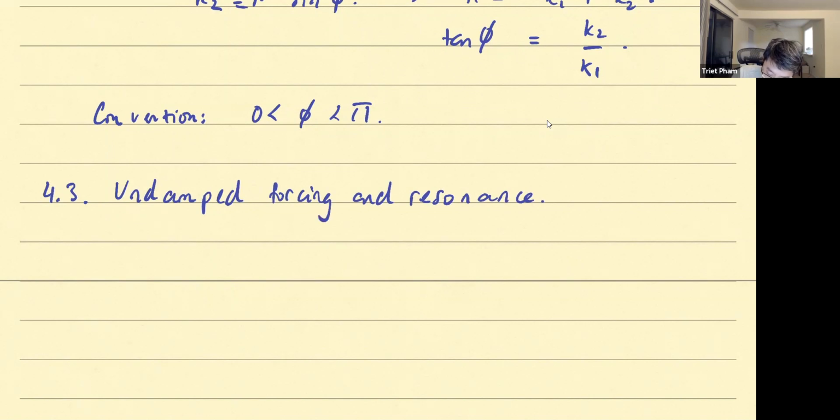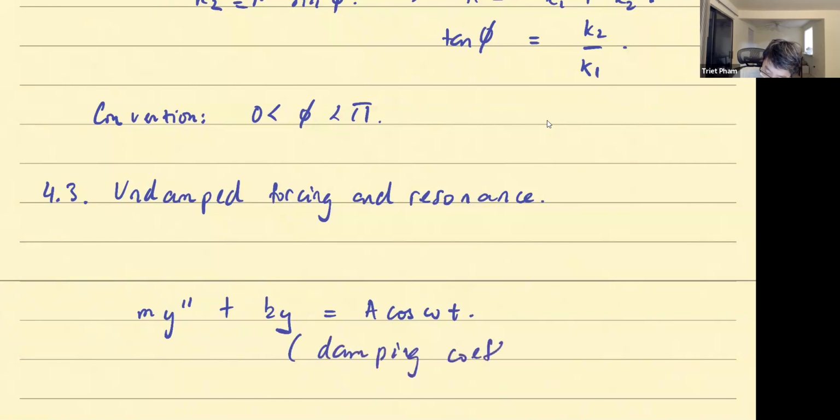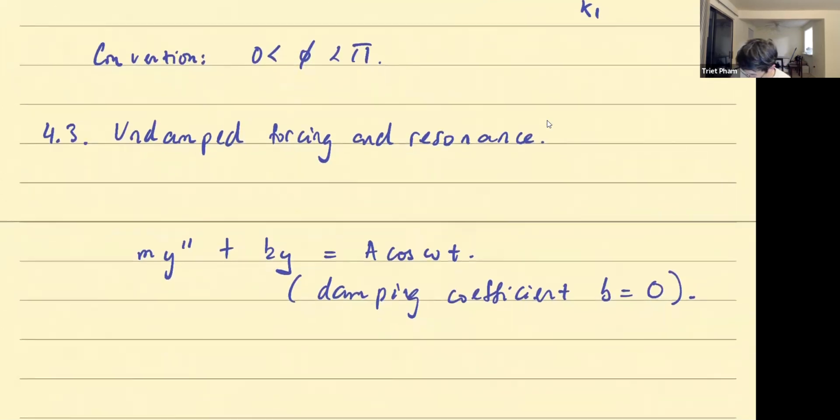So we're looking at something like my double prime plus ky equal to, let's say, a cosine omega t. All right. And so the damping coefficient b is equal to 0. So for example, let's take a look at y double prime plus 2y is cosine omega t.